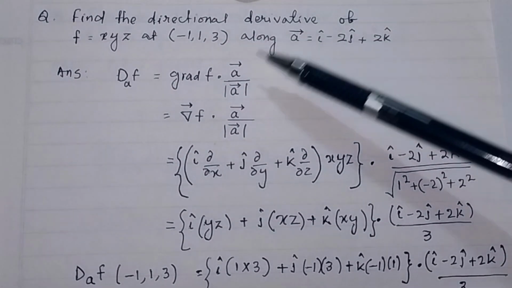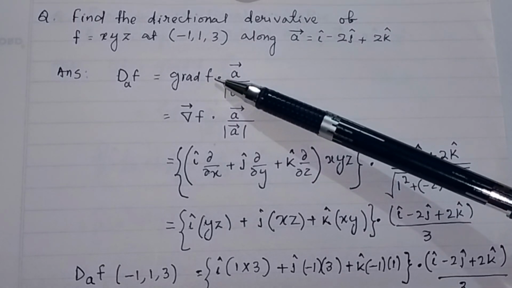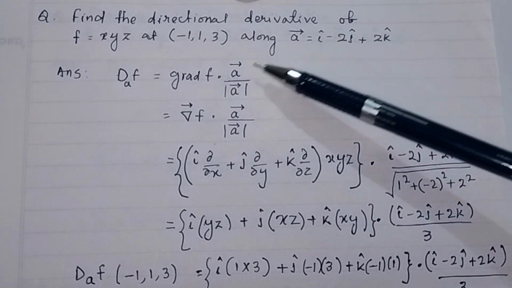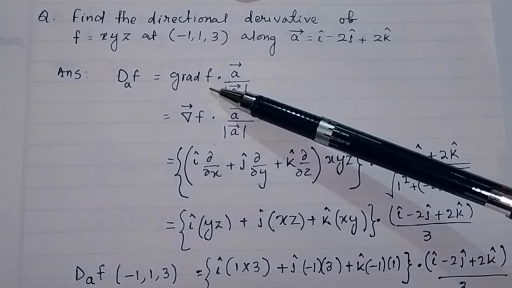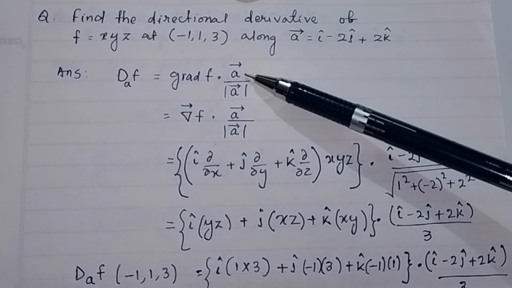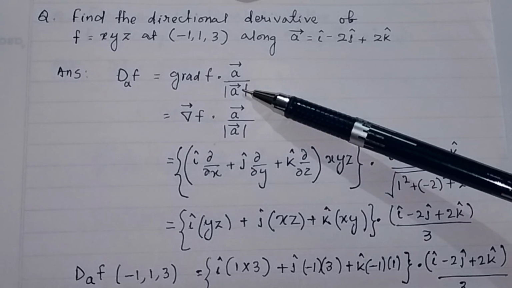the dot product of the gradient of the scalar function with the unit vector along the direction a. That is, gradient of f dot the unit vector along a, where the unit vector is a vector divided by the magnitude of a.